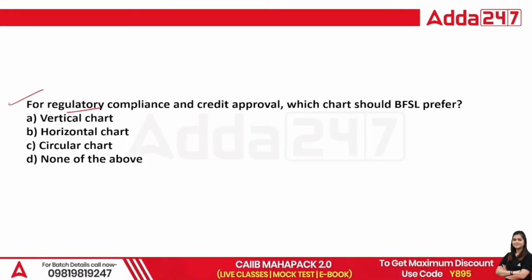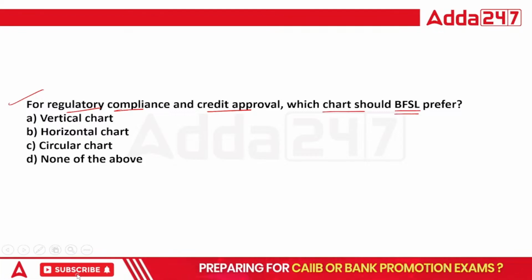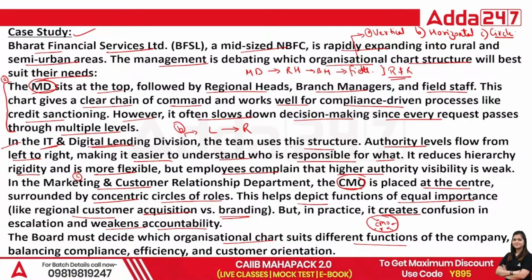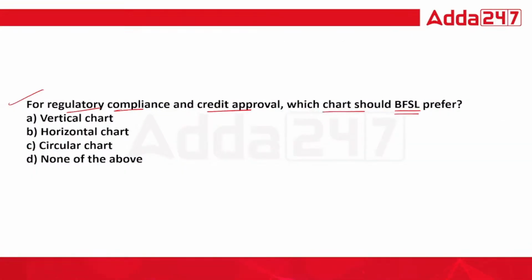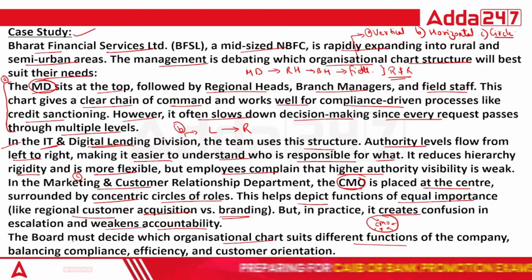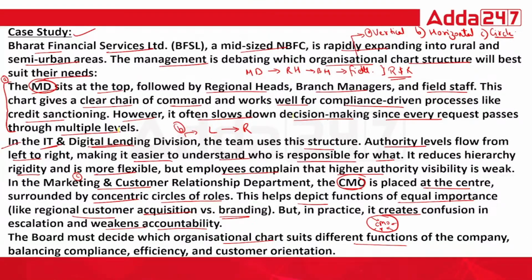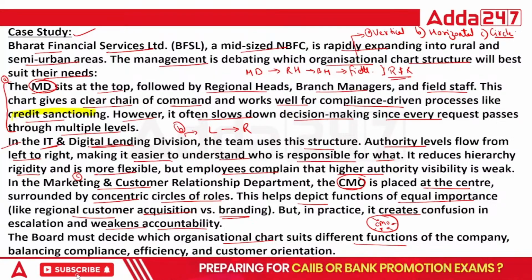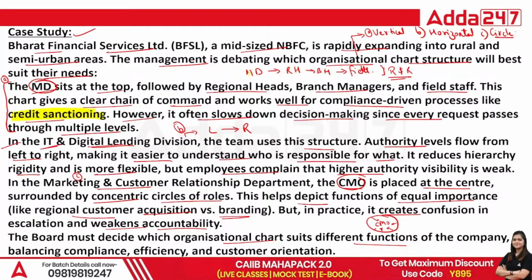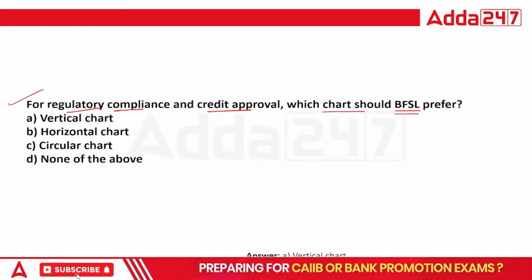For regulatory compliance and credit approval, which chart should BFSL prefer? They are talking about regulatory compliance and credit approval. Where have we seen this? We have seen credit sanctioning in your first part, in your second para. Which type of chart are they following here? They are following a vertical chart.